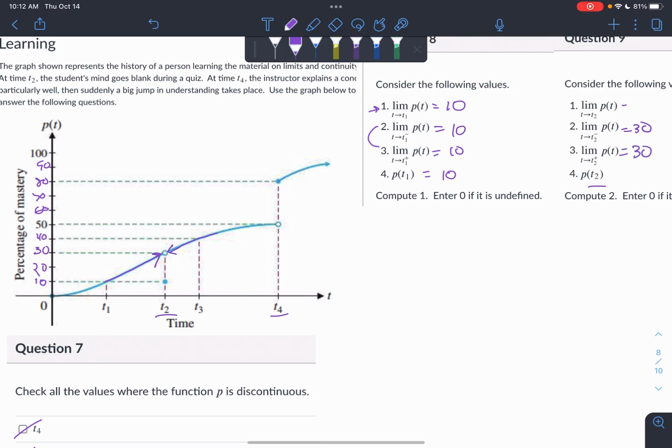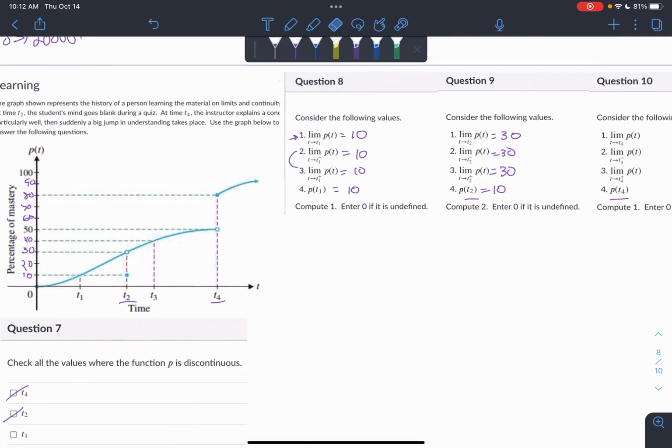So the overall limit is also 30. But now let's look at what happens at P of T2. So it's an open hole here, but it's been filled in down here. So that value is 10. So this is an example of discontinuity because all 4 of these are not equal. And you can verify that graphically.